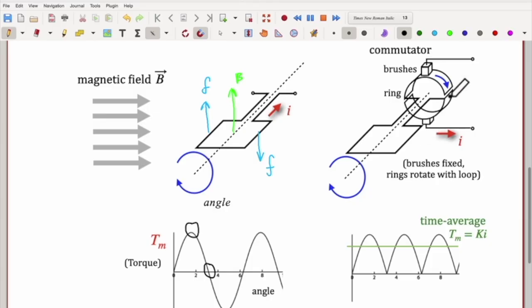And if you design where these gaps appear correctly, what you can get is the torque to be positive, and then just as you reach this point here, which is known as a commutation point, if you have the gaps in the right place, you switch the direction of the current going around this coil.